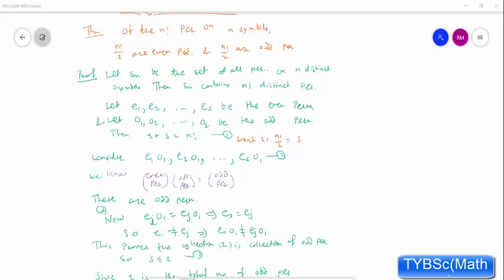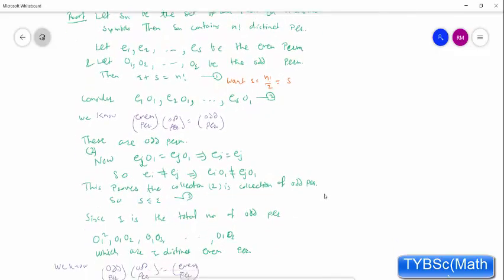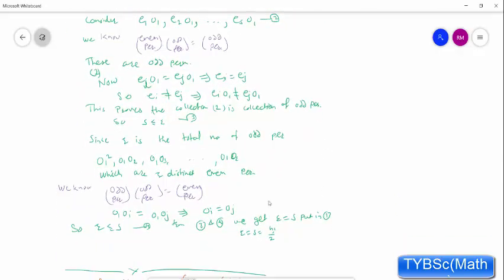Now the next target is to prove R is less than or equal to S. R is the total number of odd permutations. Consider O1 times O1, meaning O1 square, O1 times O2, O1 times O3, and in this way O1 times OR.